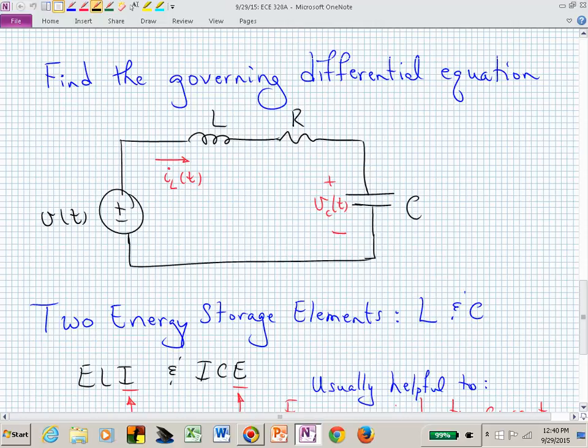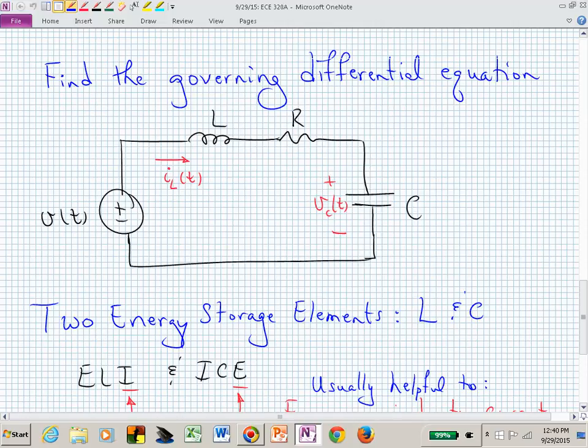But I'm assuming you mean KVL. Is that true? So if this was all resistors, that's begging you to write a KVL equation. Now we can do the same thing with this circuit that contains energy storage elements. To break this down into a couple of steps, my current is going clockwise in this mesh.